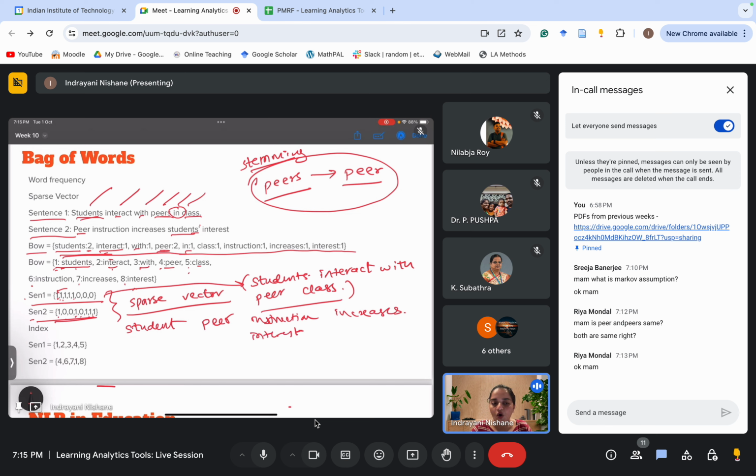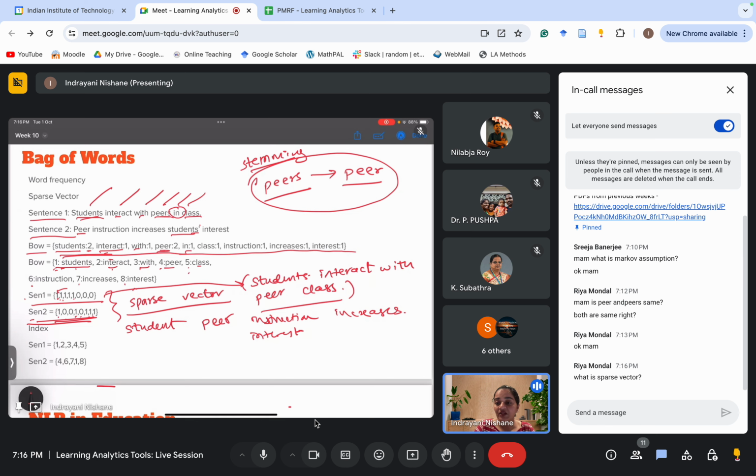So even though the order was peer instruction increases interest, since we are referring to a bag, the sparse vector just notes down, out of this bag, which word was present and which word was absent. When we say 1, that means that particular word is present. When we say 0, that particular word from the bag of words is absent. So I'm explaining what a sparse vector is.